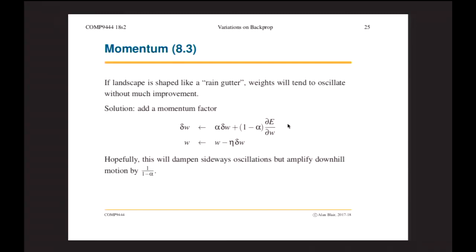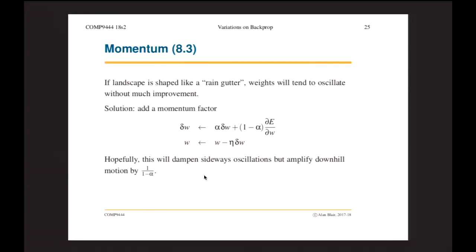So if this works out, in the ideal situation, those sideways oscillations would be dampened out, and when we do this, we can increase the learning rate. So the downhill motion would be amplified by a factor of 1 over 1 minus alpha.